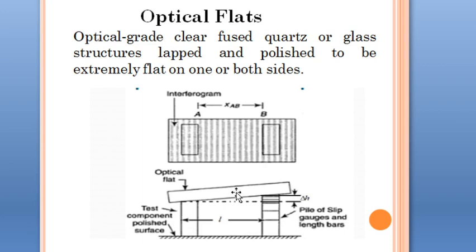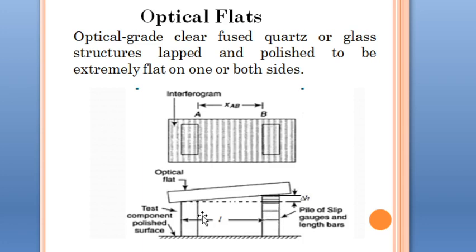The surface to be measured is placed here. At the other end, slip gauges are placed one over the other. The optical flat is placed over these two.